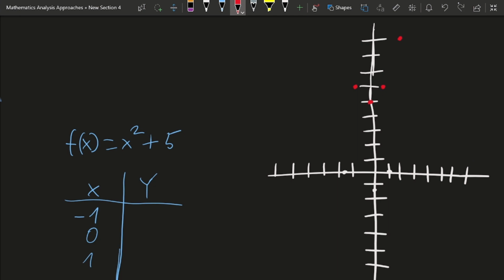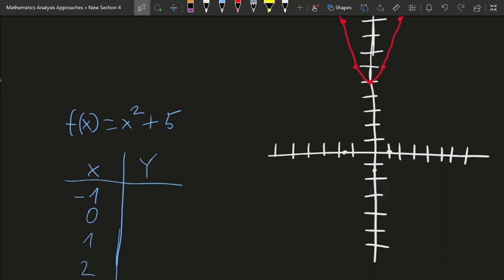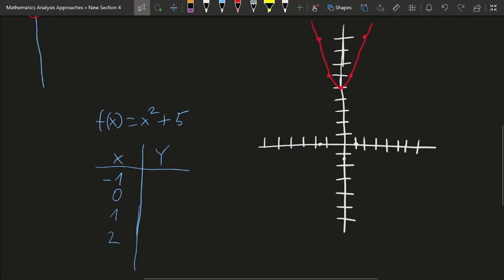So we can safely put a point on -2, 9. And then we can see the function, right? So let's draw it. That's our function. Pretty cool, right?